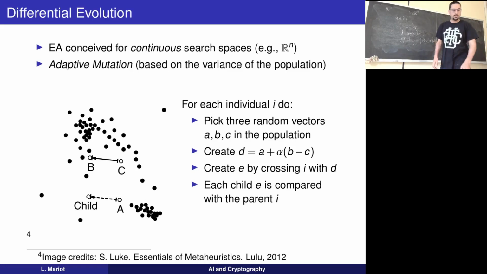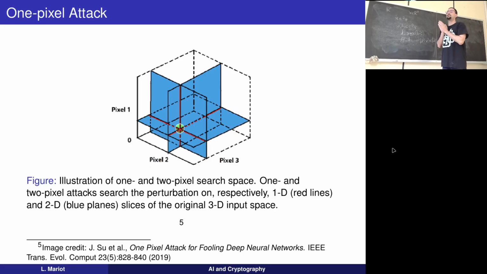So here is a visualization of how the one pixel attack works. So assume that we have one image that is composed just by 3 pixels. So it's very simple, but it is just to have an idea of how it is working.